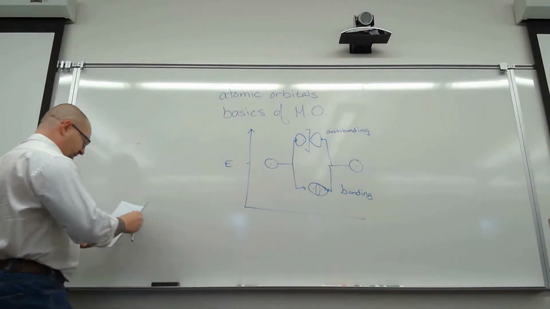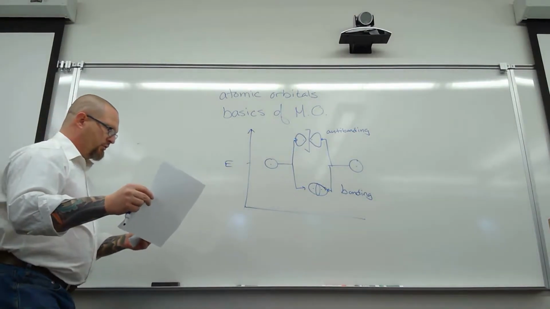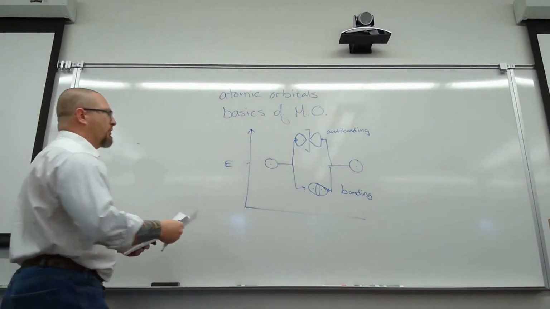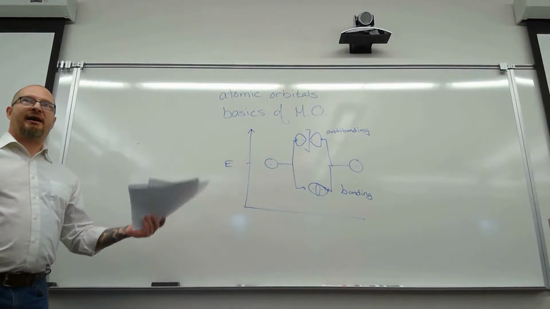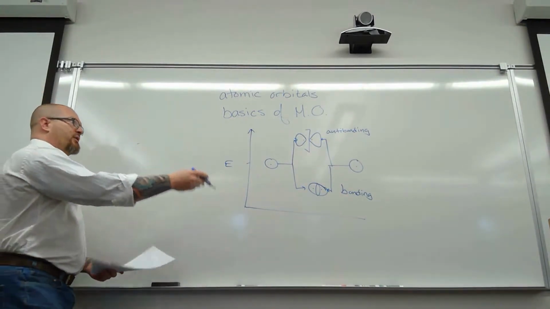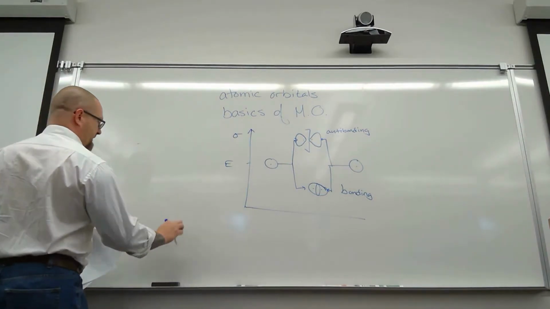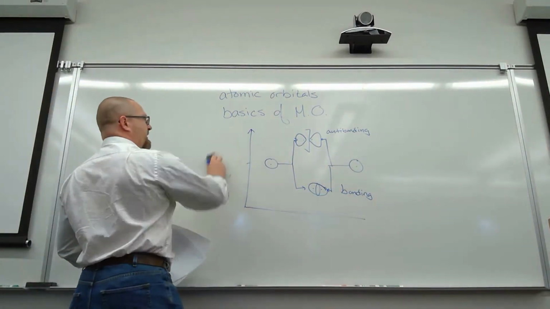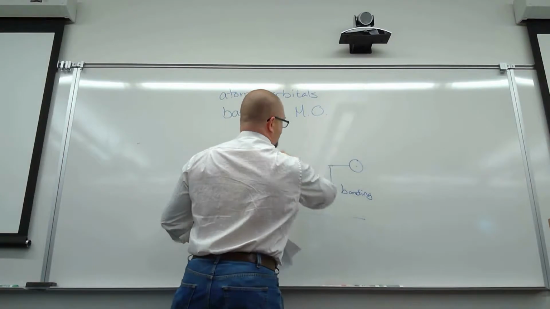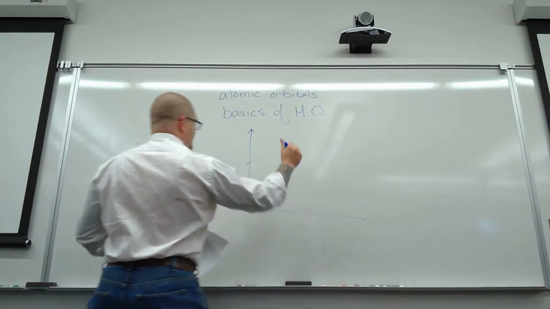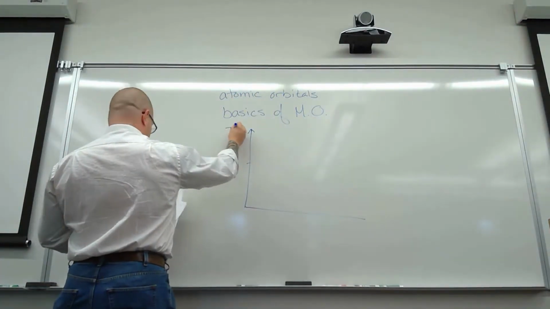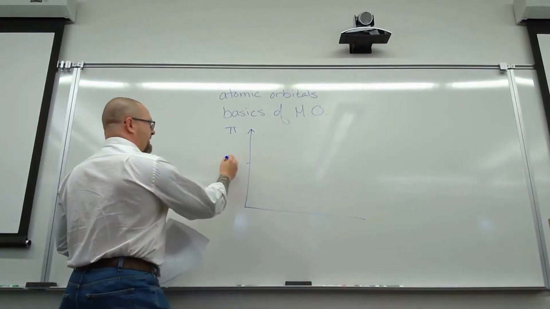And I think that's all we need to do. No, it's not all we need for molecular orbital theory. We need to look at what happens with pi electrons too. These are only sigma electrons forming sigma bonds. What happens for pi? For a pi system, same thing.